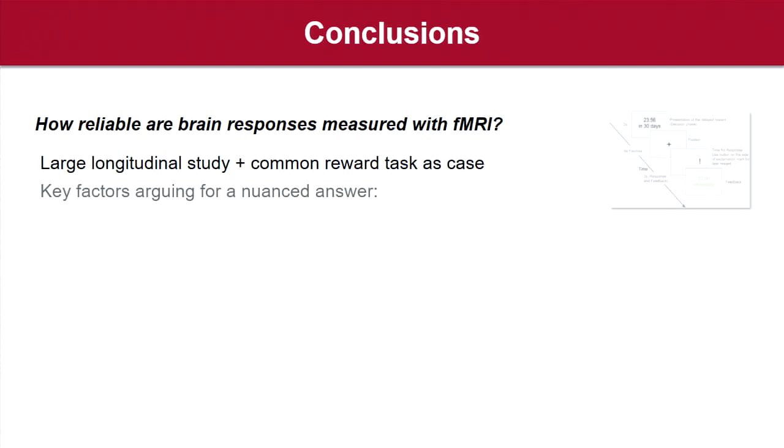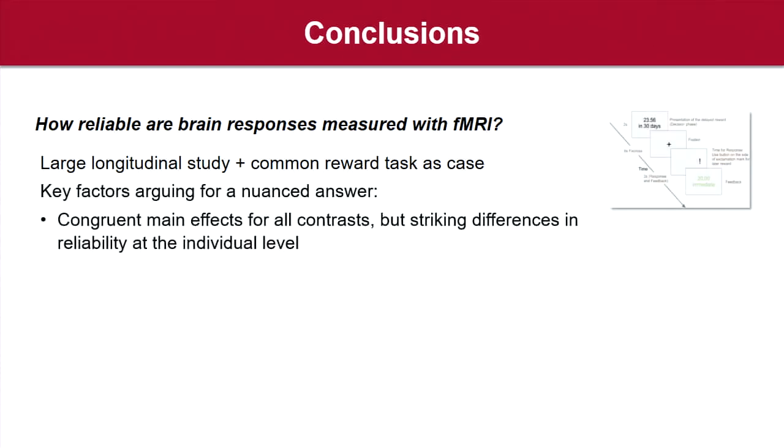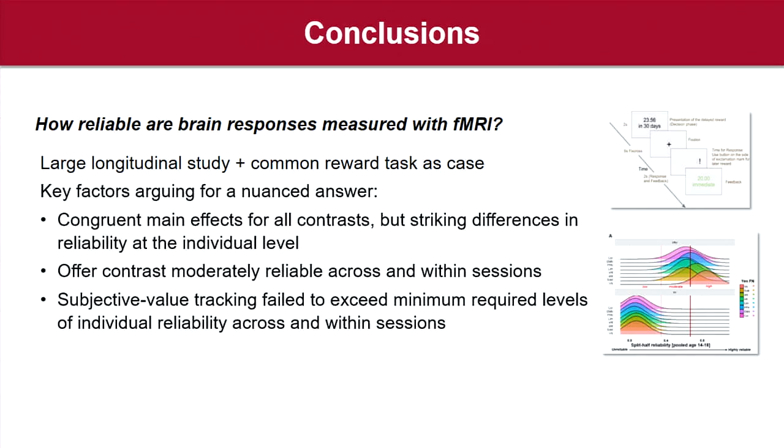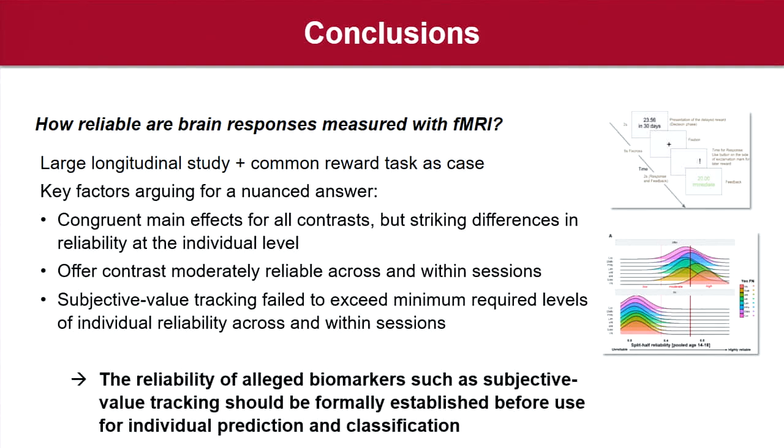And our main takeaways are that we had congruent main effects in both contrasts, in the offer and the subjective value contrast, but while the offer contrast was at least moderately reliable, the subjective value contrast really didn't actually reach the minimum level of reliability that you need. So, take-home message, you always have to really first prove that a biomarker that you have in mind is reliable in order to actually have a chance of making good predictions or classifications with it.